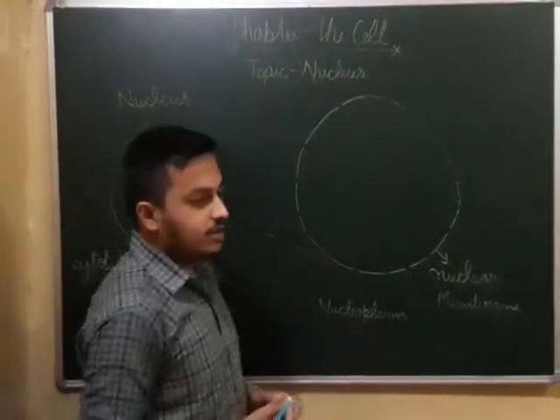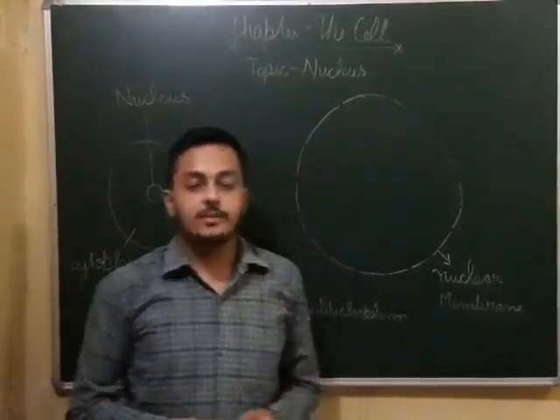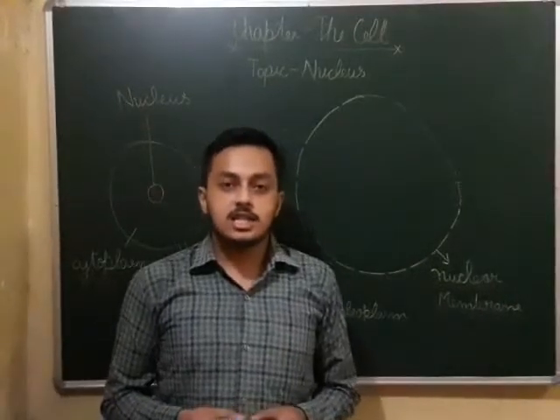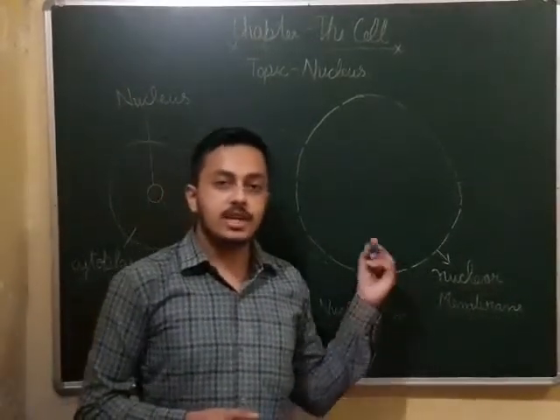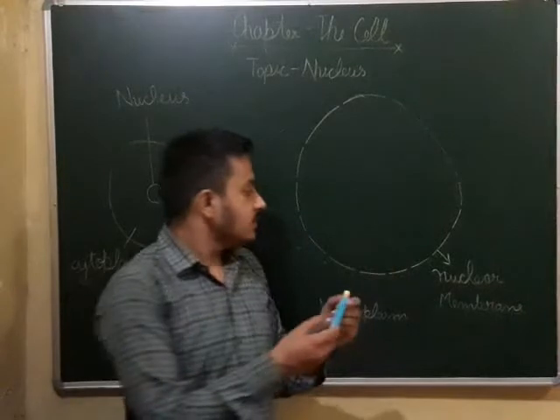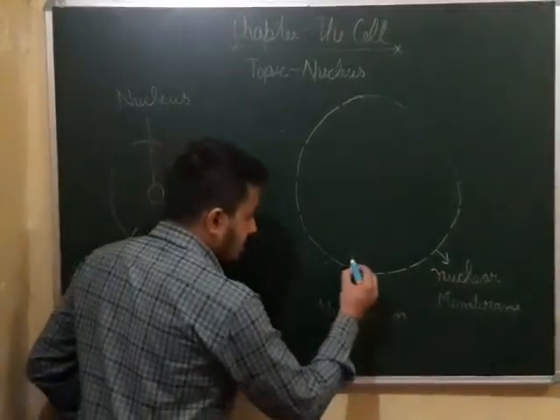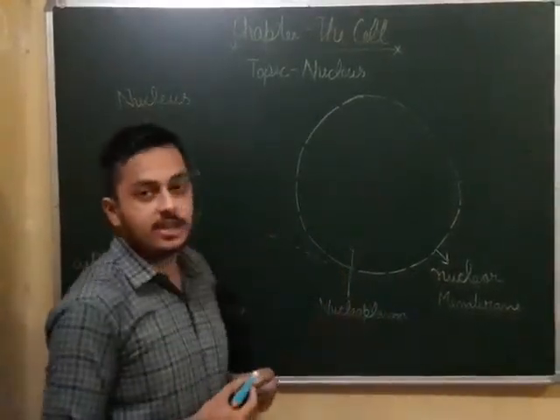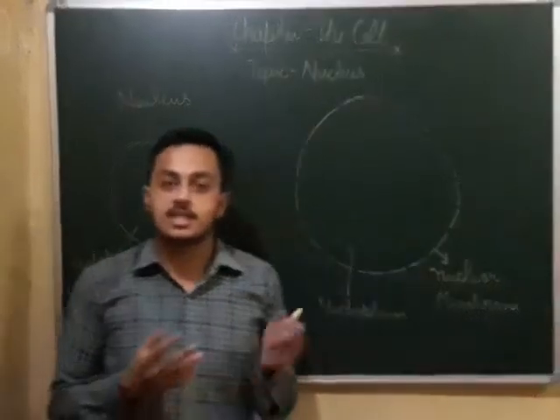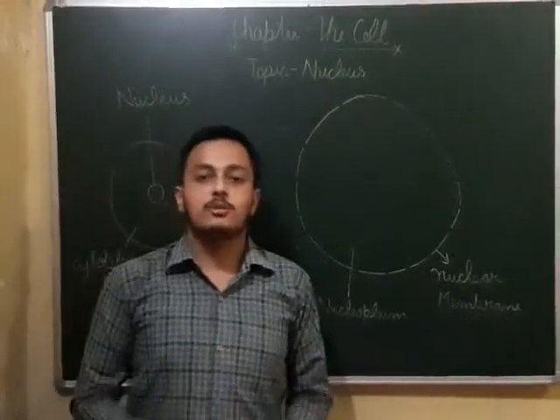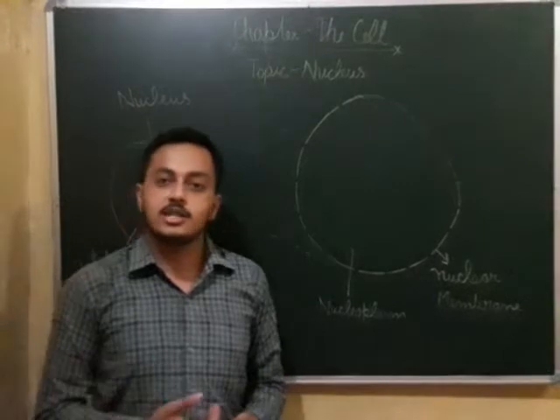It consists of many proteins, and it also has two main parts suspended in it. First is the chromatin material and second is the nucleolus.